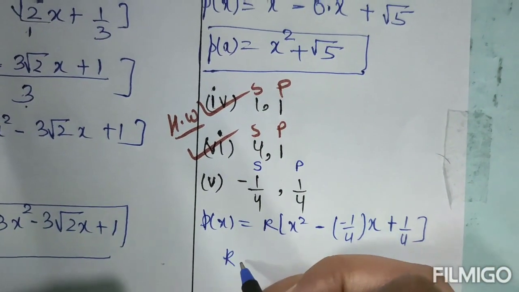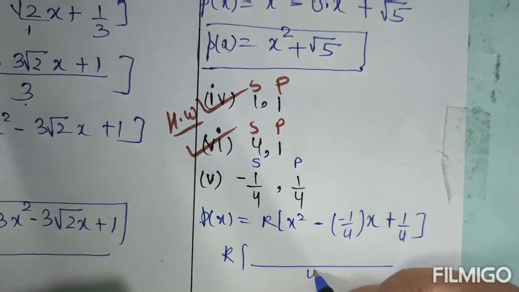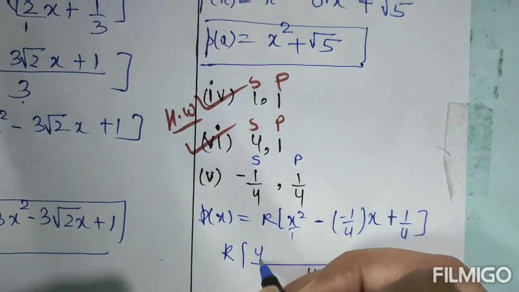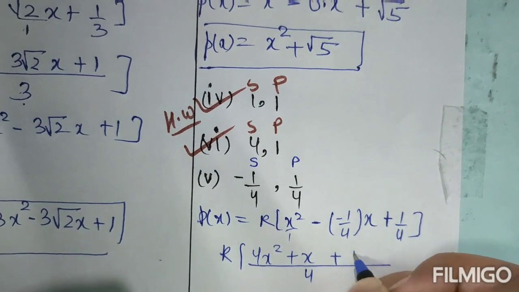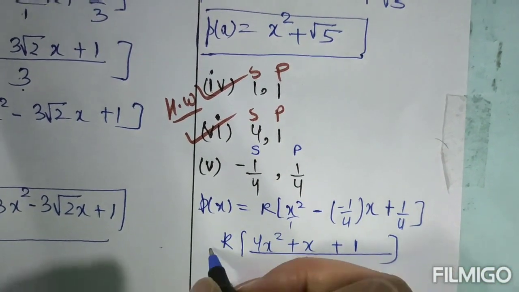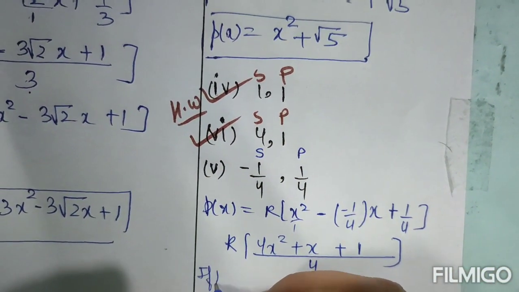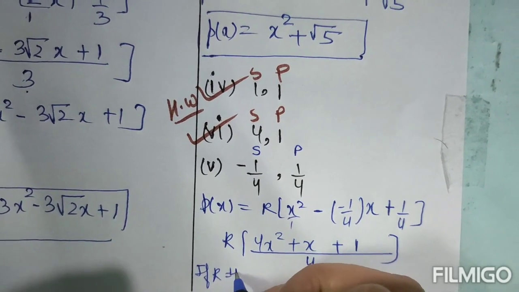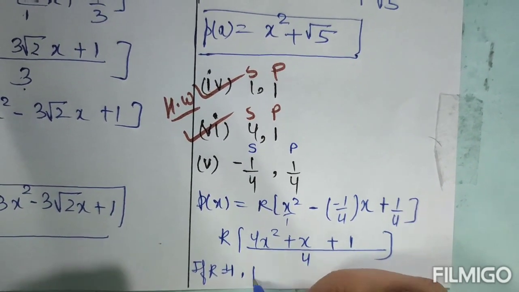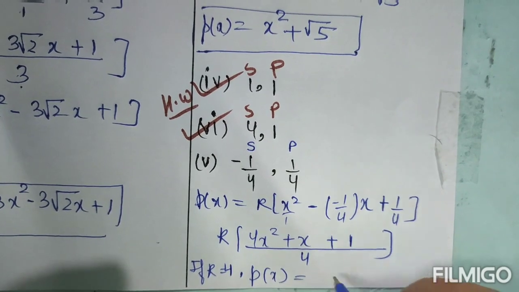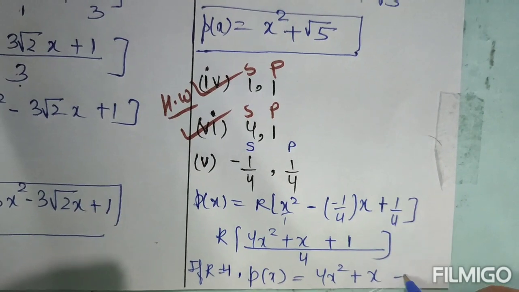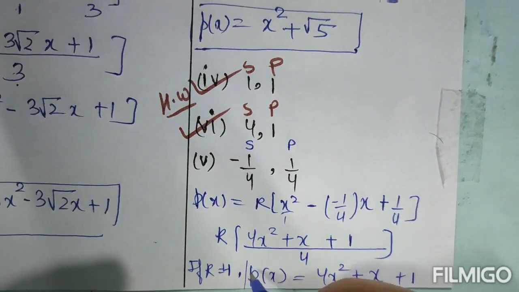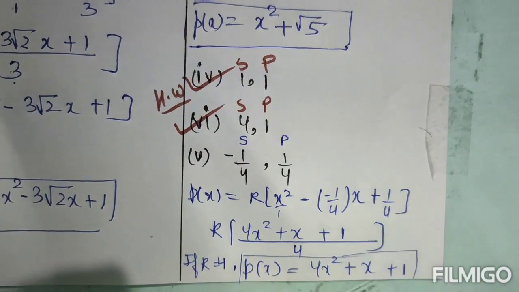Now you can see we have to take the LCM, which will be 4. Here it is 1, 4x square plus x plus 1, and 4 will move to that side. If k is 4, then our polynomial will be 4x square plus x plus 1. Clear? This will be the polynomial.